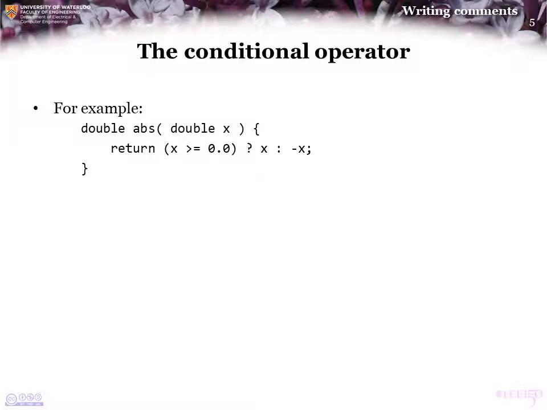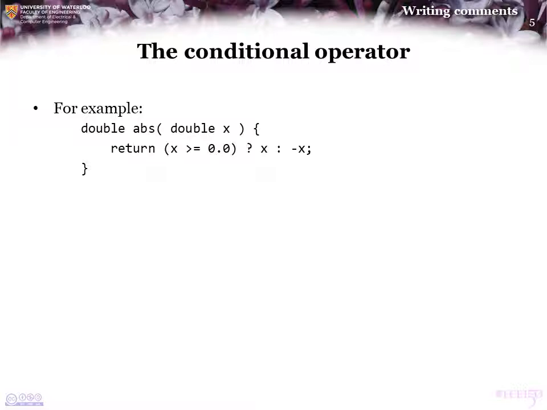For example, we could simplify the absolute value function significantly because the return statement returns an algebraic expression. In this case, it's going to return one of two expressions. We have a condition, x greater than or equal to 0. If that is true, then we will return x, because the entire conditional operator will evaluate to the consequent expression x.